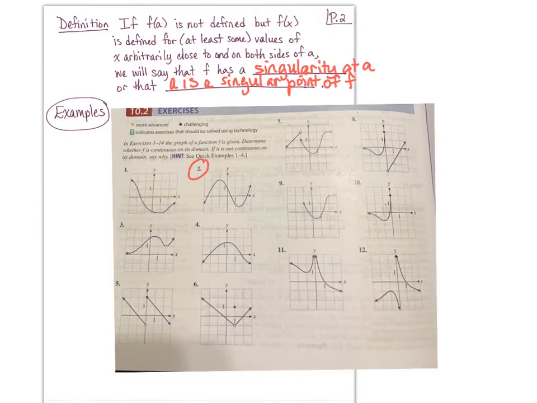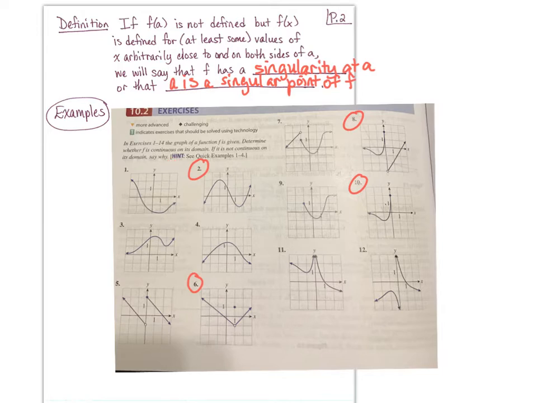We're going to do numbers 2, 6, 8, and 10. In these exercises, we look at the graph of the function f and determine whether f is continuous on its domain. If it is not, we need to say why.